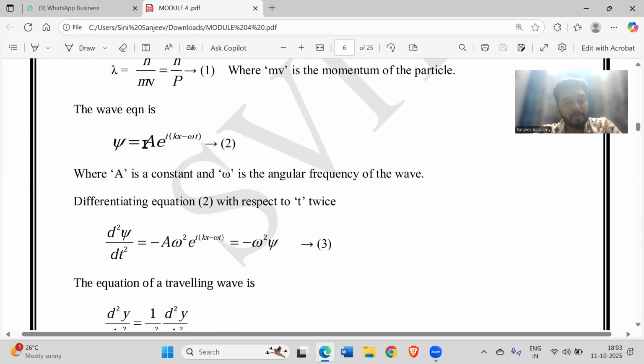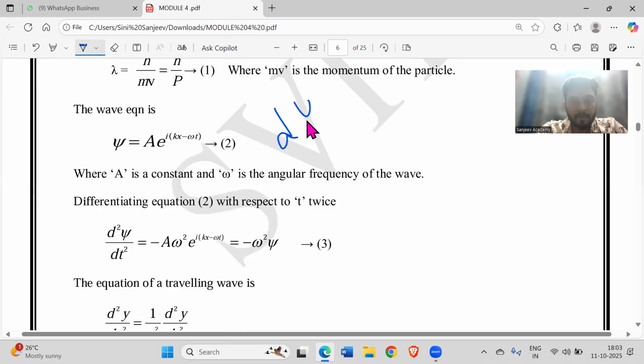This I have to differentiate with respect to t. Let me write it down here: d psi by dt, because that is not there in the book. Differentiating with respect to t, A is constant, so write down A as it is. The differentiation of e power x is e power x only.